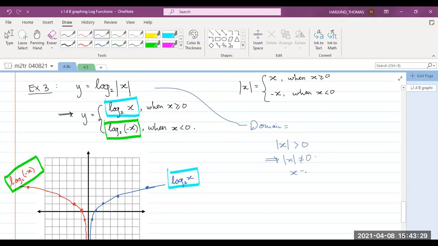That's when x is 0. So the domain will be all real numbers except 0. Which is confirmed by our graph, that every x has a value y except when x equals 0. Okay, now that's for the graph of log function.